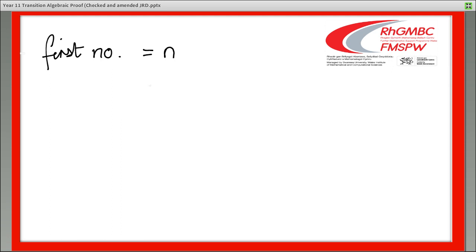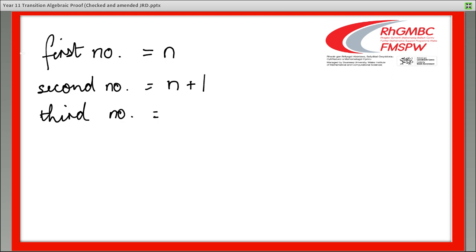So the second number we'll call n plus 1 because it's 1 bigger. And then obviously the third number, we'll stretch our imaginations, is n plus 2.